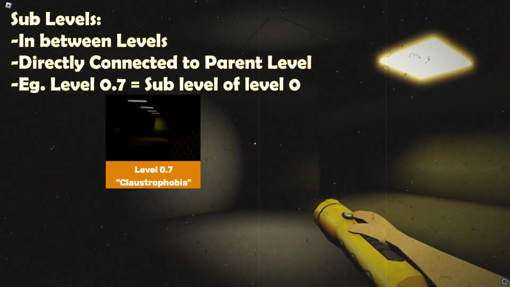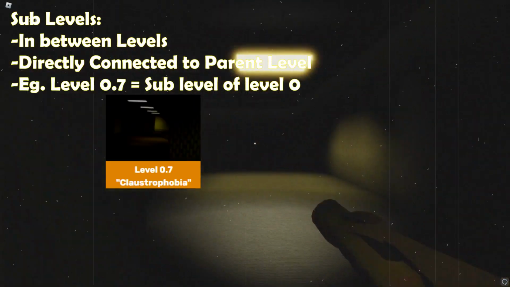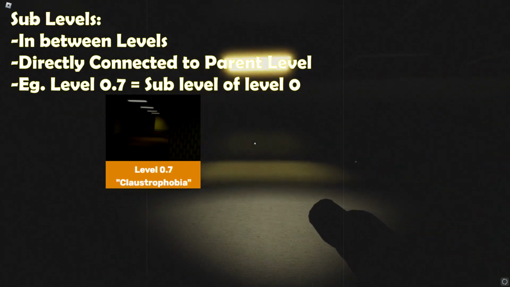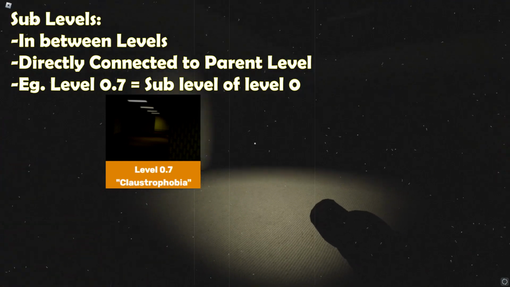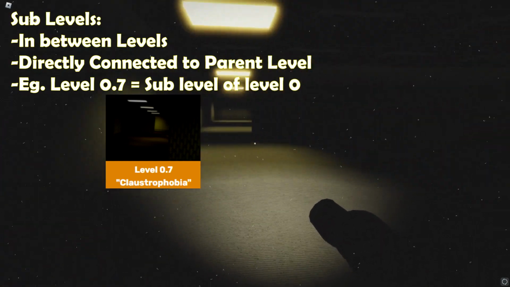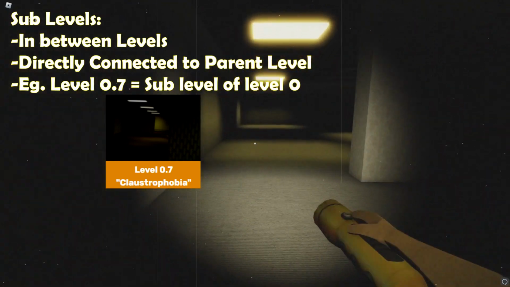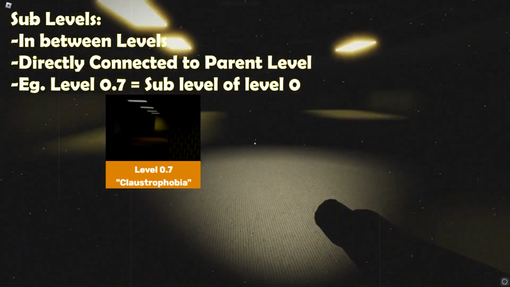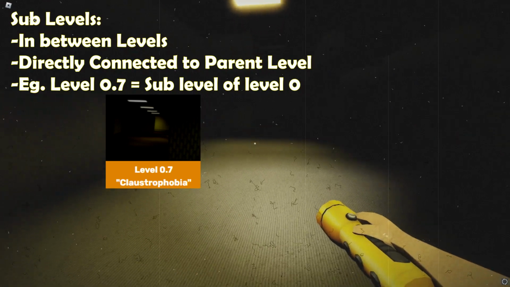So level 0.7 would be from parent level 0 and the sub-level number 7, so you can read it by its decimal. Many sub-levels continue the theme of the parent levels, but they have a twist which justifies putting them on a separate page.